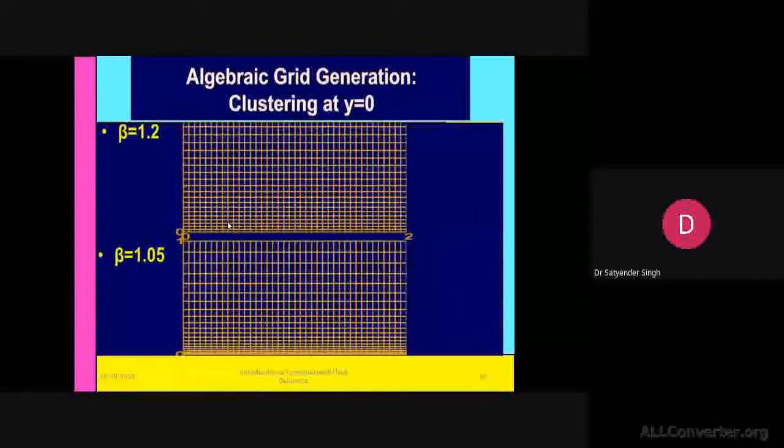The number of nodes will remain the same, the number of divisions will remain the same, the number of grids will remain the same, but their size will differ accordingly. If you take the value of beta as 1.2, then a fine mesh will be created near this bottom wall. If I reduce it and make it 1.05, you can see a finer grid will be created and the upper grids will be stretched accordingly.